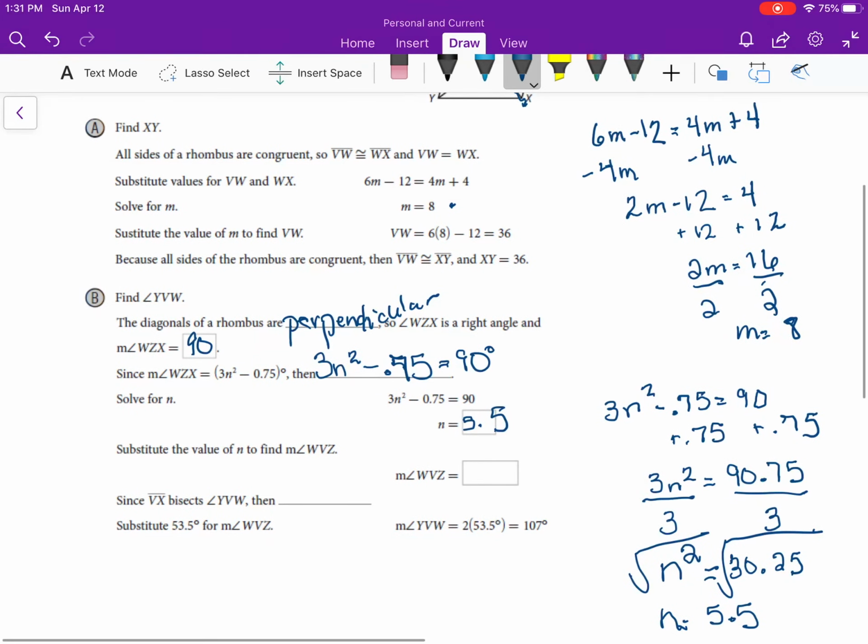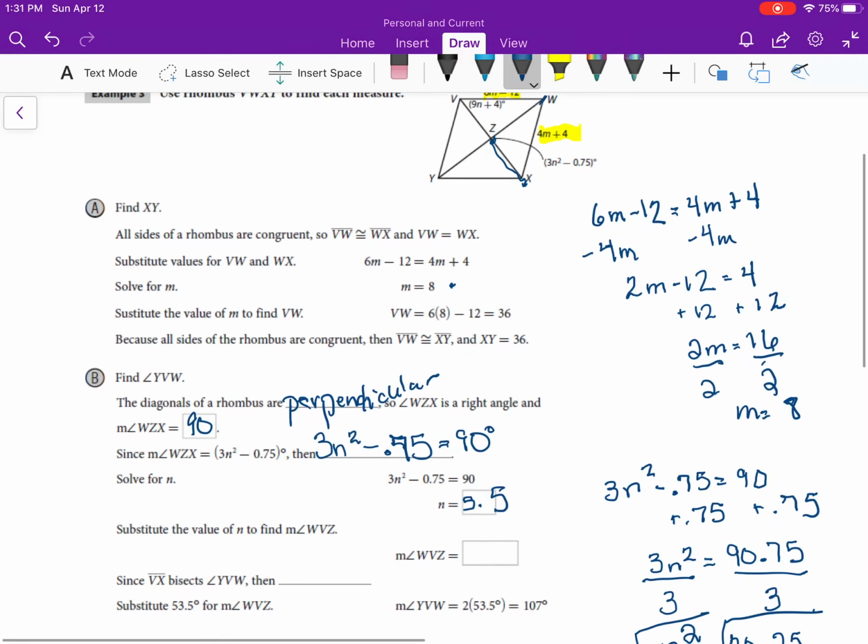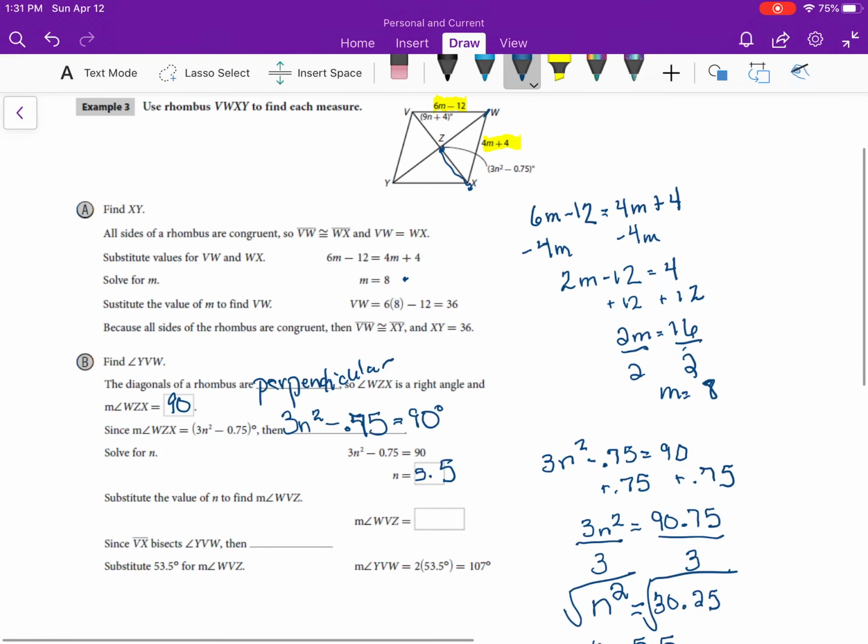So now I want to go back to my diagram, and they're wanting us to find, if we look at W, V, Z, we see WVZ is 9n plus 4.